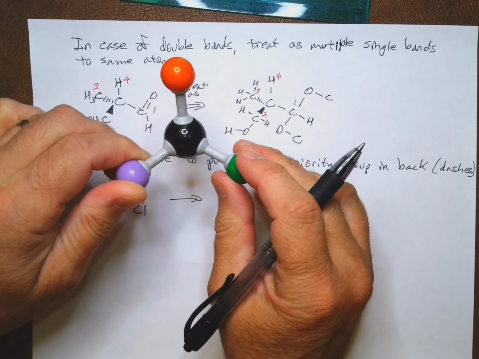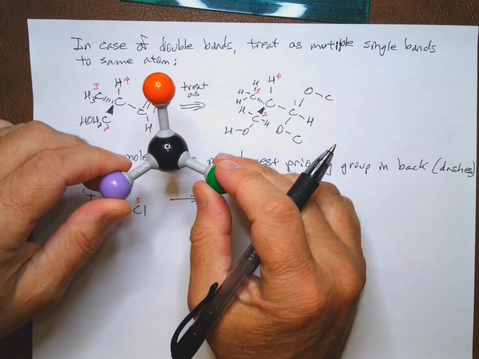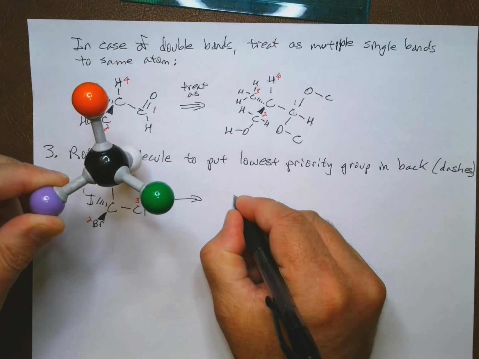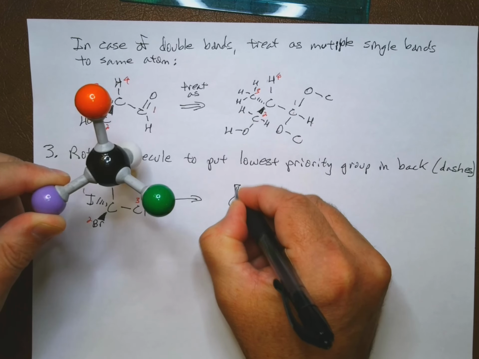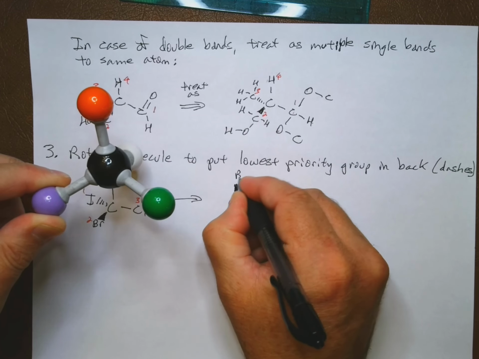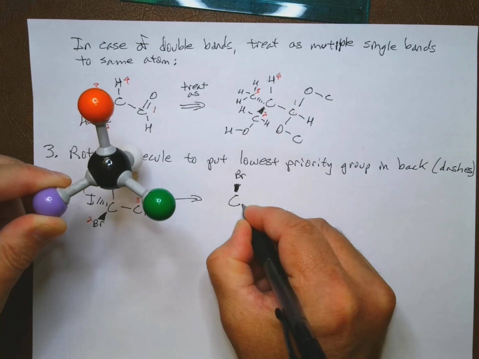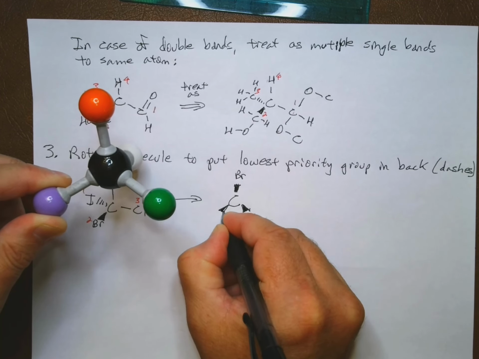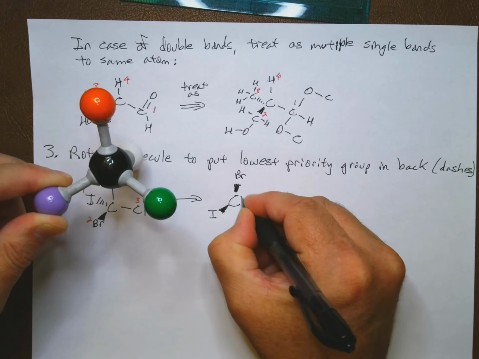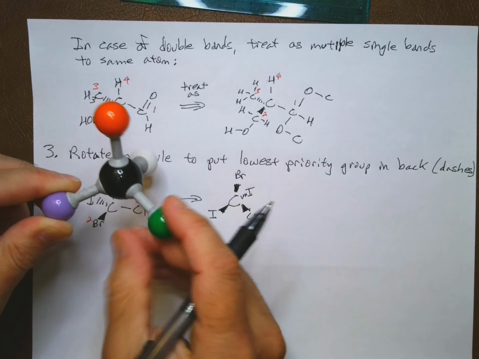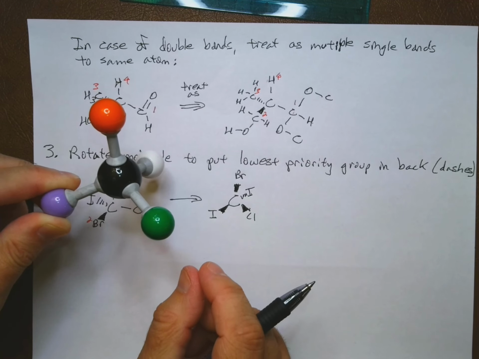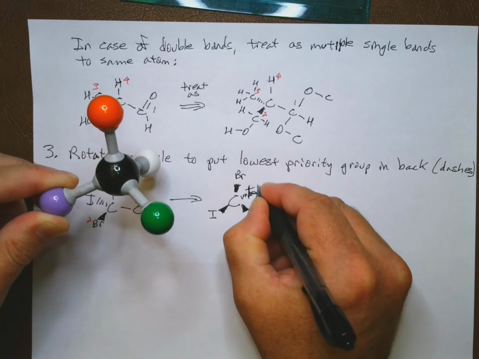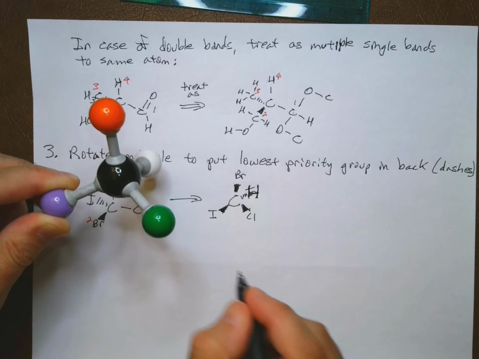I'm going to rotate it to put the lowest priority in the back. So that's going to be carbon, and then coming out, we'll have a bromine up here, a chlorine there, an iodine there, and then in the back, maybe tilt it a little like that, is our, whoops, not our iodine, our hydrogen, sorry, H. That should be a hydrogen there.